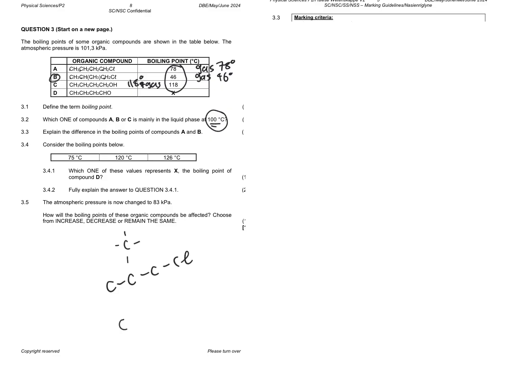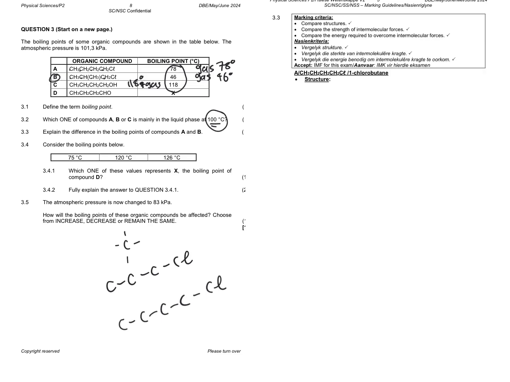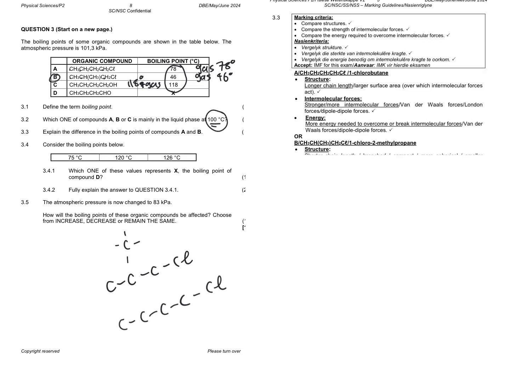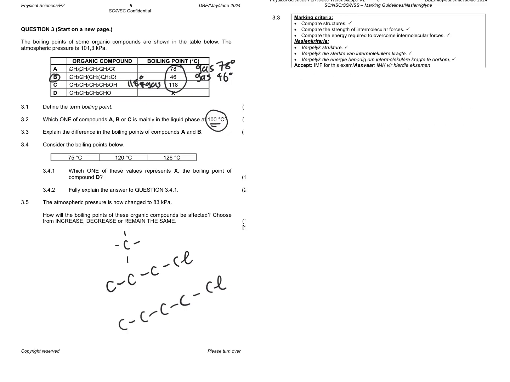So A is a straight chain with a Cl, and B has a branch. And so you need to argue not strength, but size or surface area. So explain the difference. You need to mention that they both have the same intermolecular forces, but A has a longer straight chain.